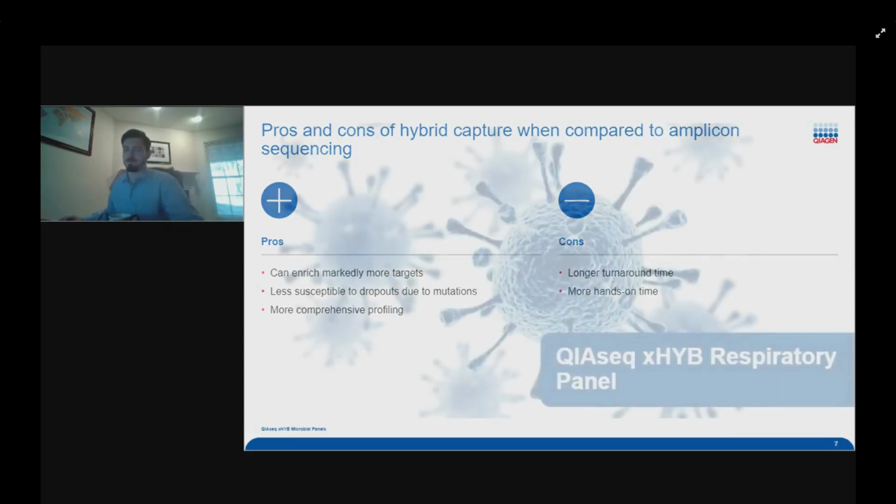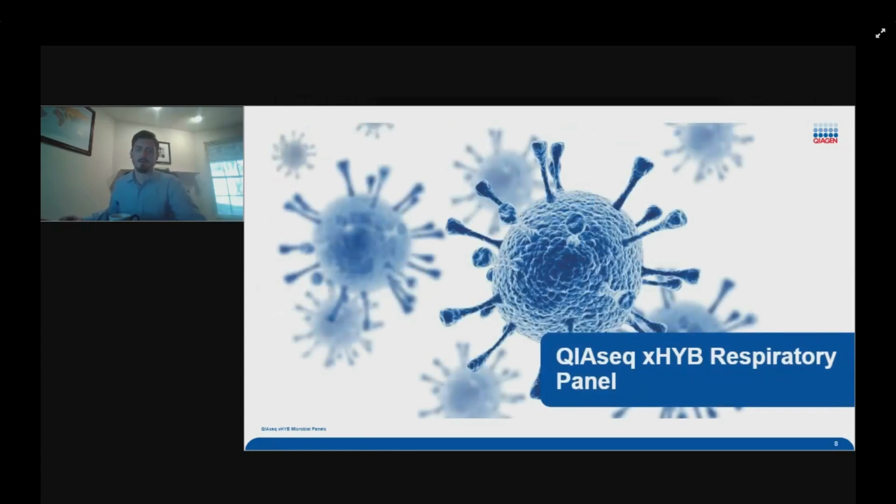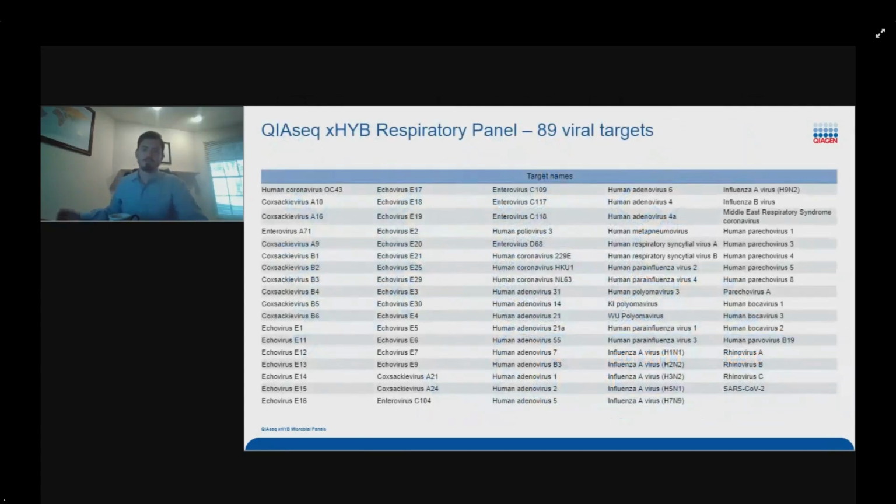Now I'm going to move on to some specific detail about our respiratory panel. Displayed on your screen right now are the 89 separate viruses that this panel targets. Again, I want to highlight that this list is available on the QIAGEN.com product page for this, and it will give you more time to go through it because there are quite a few different viruses in here.